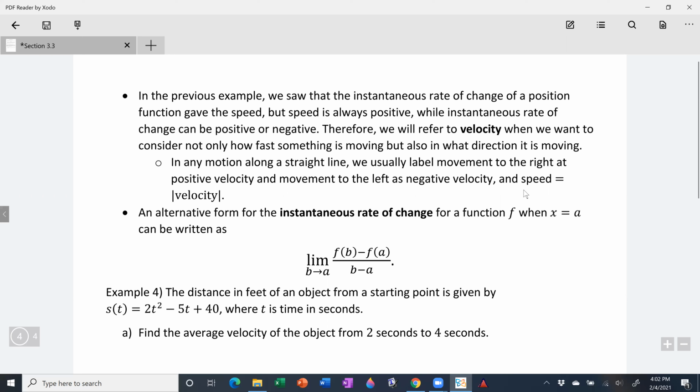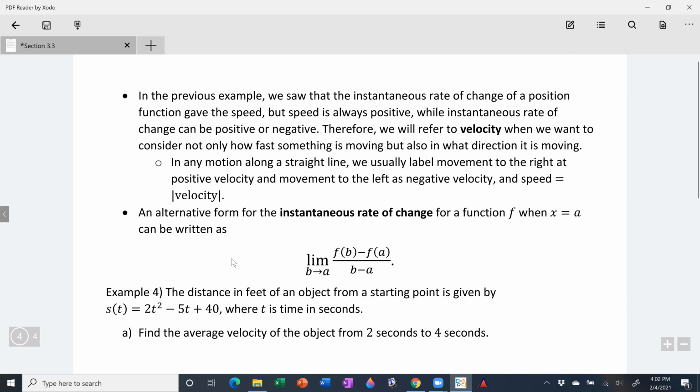And since speed is always considered a positive number, we define speed to be the absolute value of velocity. Okay, so something to keep in mind: speed is the absolute value of velocity. Velocity is the instantaneous rate of change of a position function. Some examples like that could come up later, and we'll talk about that in more detail a little bit later.